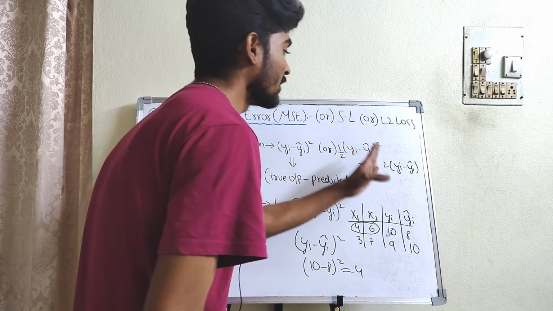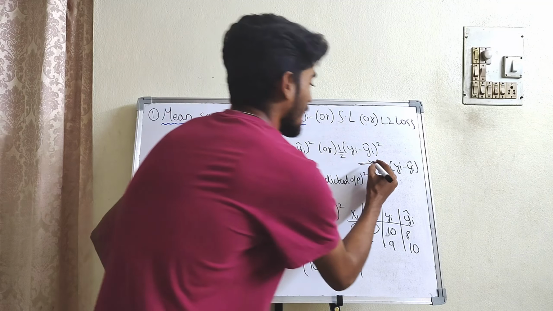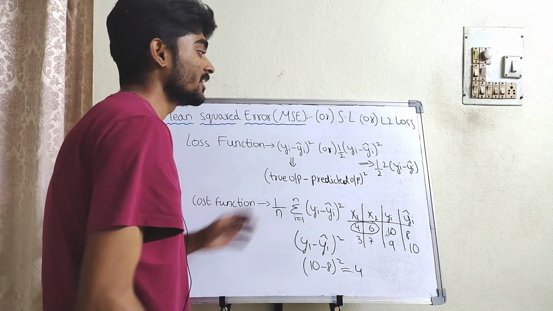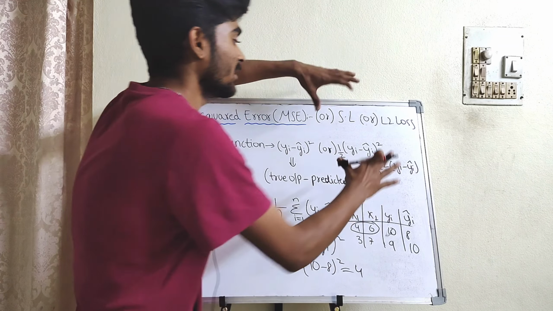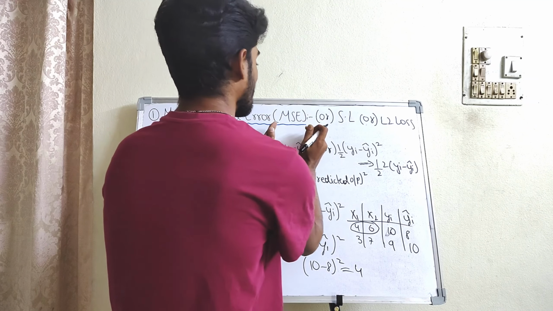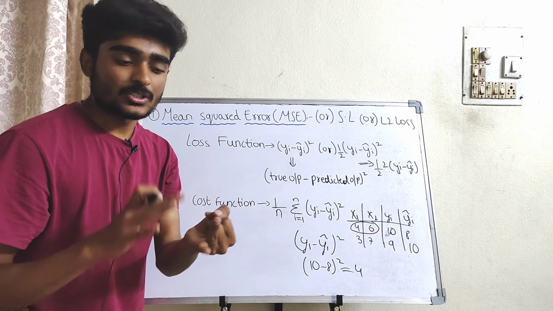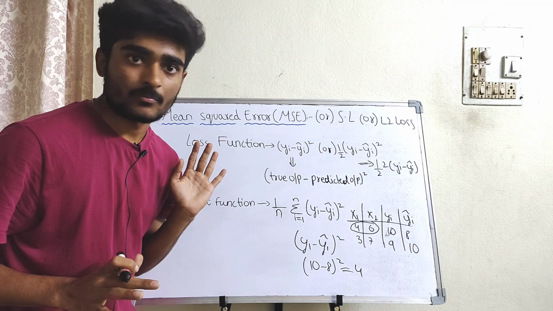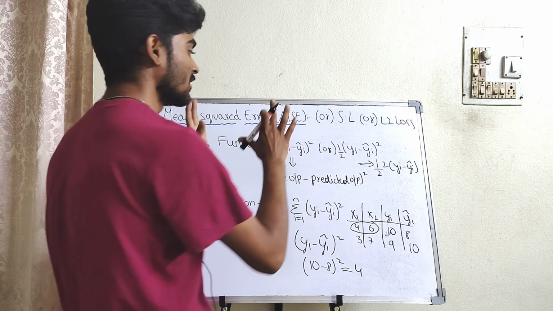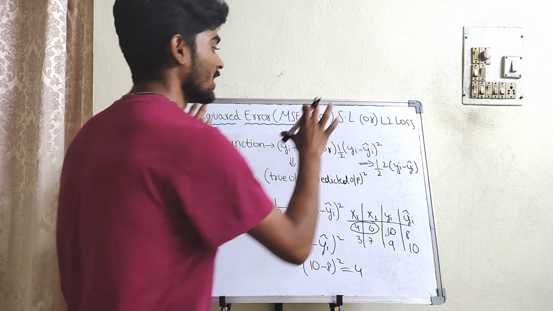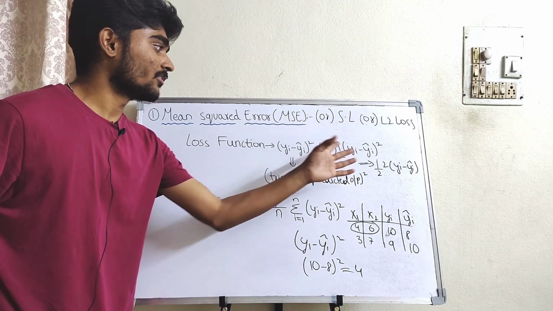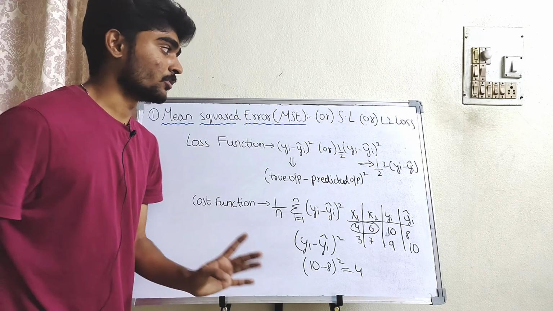So to prevent this, we add 1 by 2 in the theoretical calculations. Generally, this formula is used for theoretical calculations, and the other formula is practically used in PyTorch, TensorFlow or Keras frameworks.